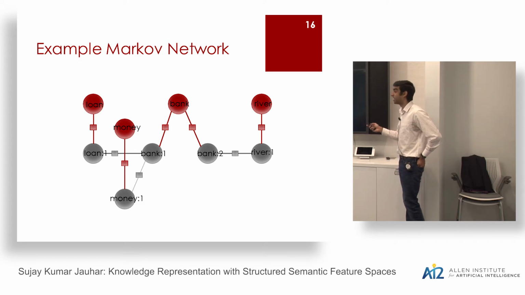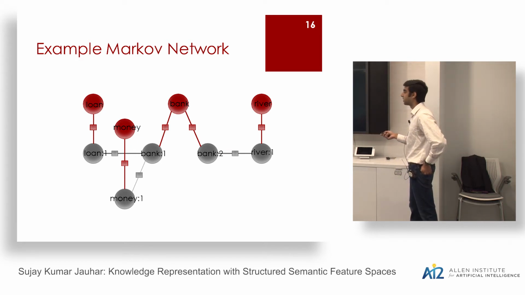Good point. So how do you determine which pairs of gray nodes are connected? This is given to us by the structure of the ontology. So if, for example, bank 2 is a synset, or say a hypernym of the set river, then you would connect them. Is it just based on the hypernym relations in WordNet?